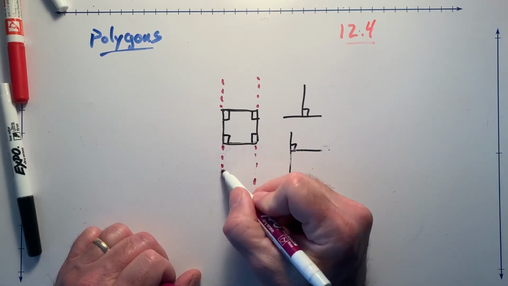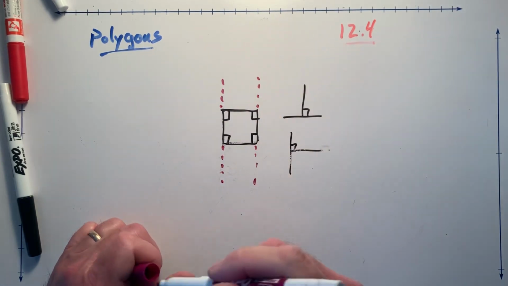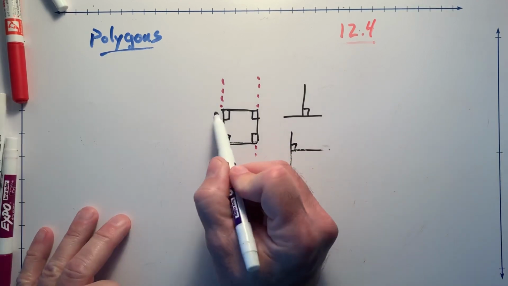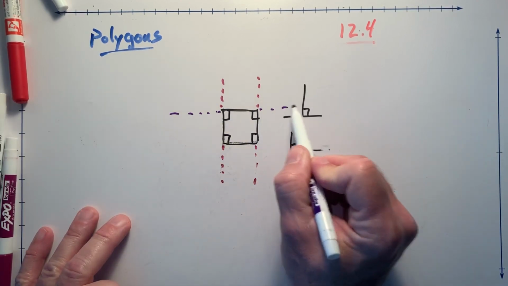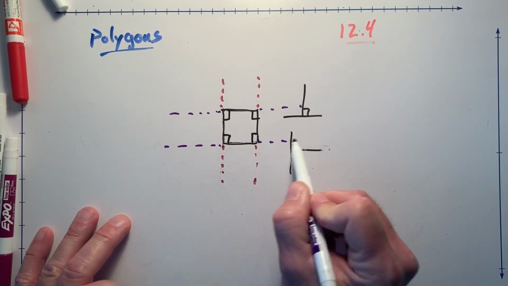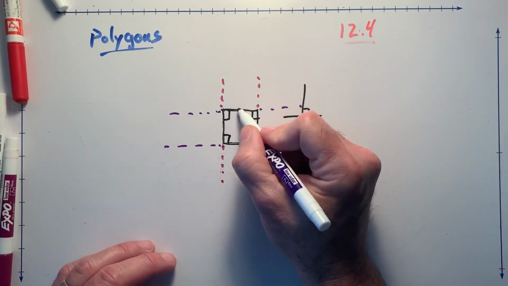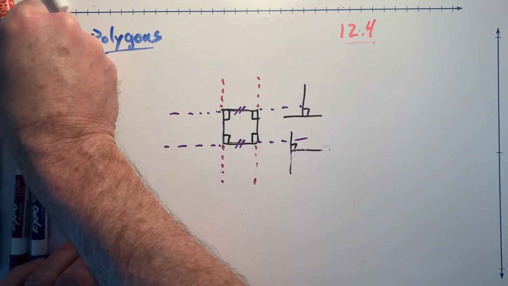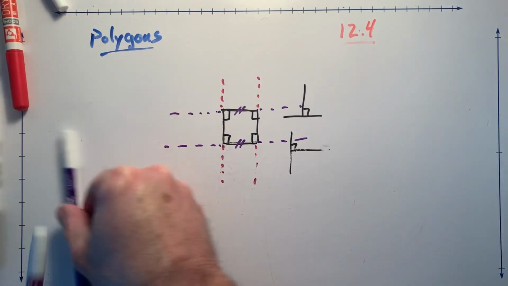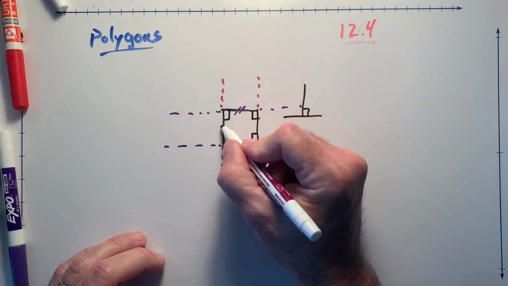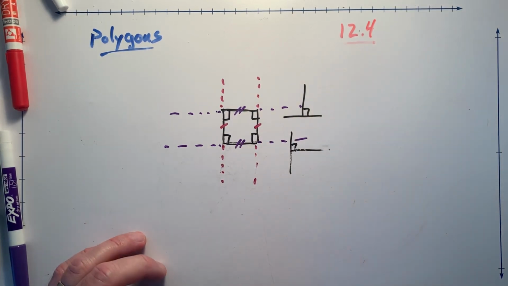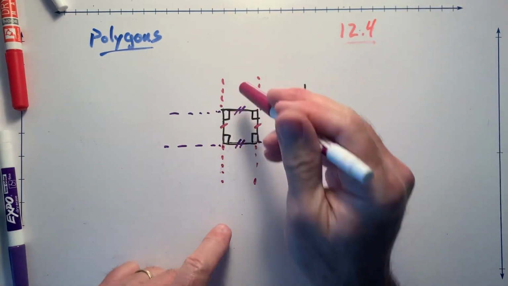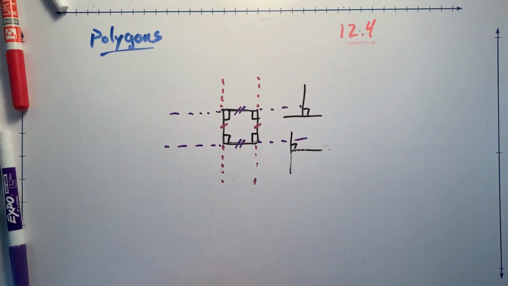You should see that these sides are parallel to each other, but not just these maroonish ones. These lines are parallel, so I would write it like this. Those lines are parallel, and I would get my maroon out, and I would say that those lines are parallel. Trying to show you that those two are parallel, and these two are parallel.